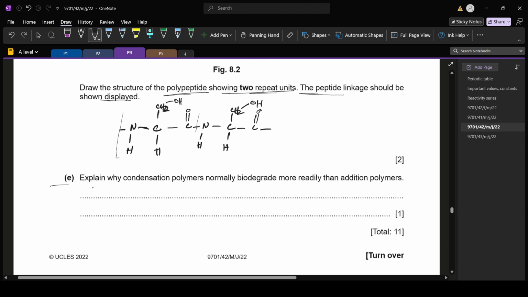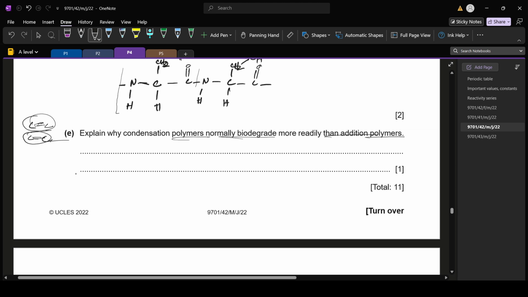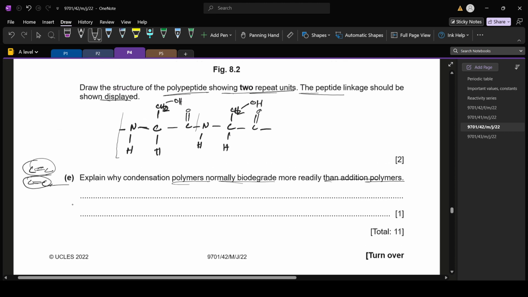Moving towards the next part. Explain why condensation polymers normally biodegrade more readily than addition polymers. Because addition polymers are made from a double bond, and addition polymers don't hydrolyze, or are very difficult to hydrolyze. So they are non-biodegradable.